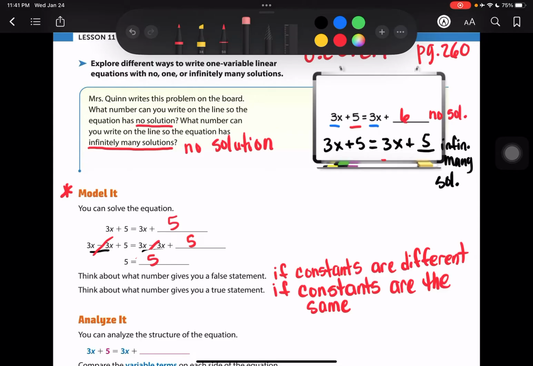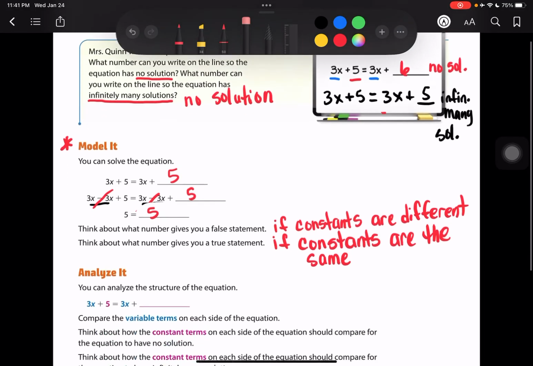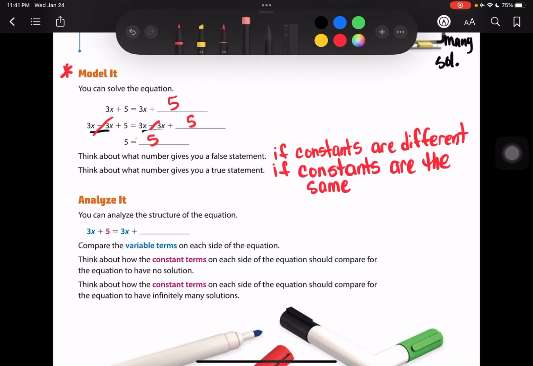So what I want you to do is look at the analyzer at the bottom. It's basically reviewing the things we just talked about. It said you can analyze the structure of the equation. This is one of your vocabulary words, which are variable terms. Variable terms have coefficients. Coefficients are numbers in front of the variable.